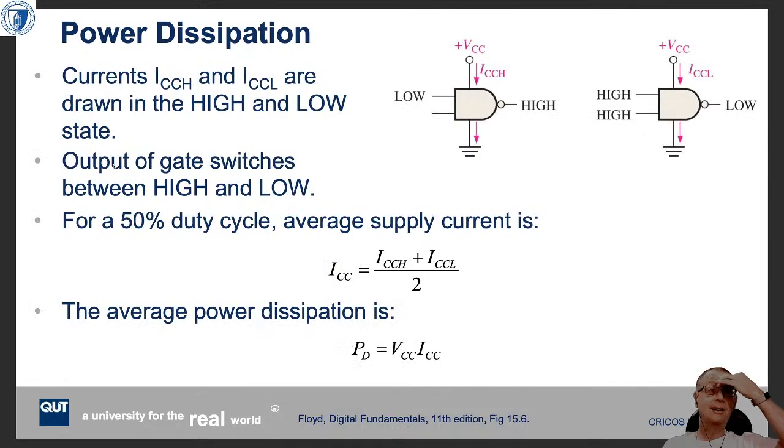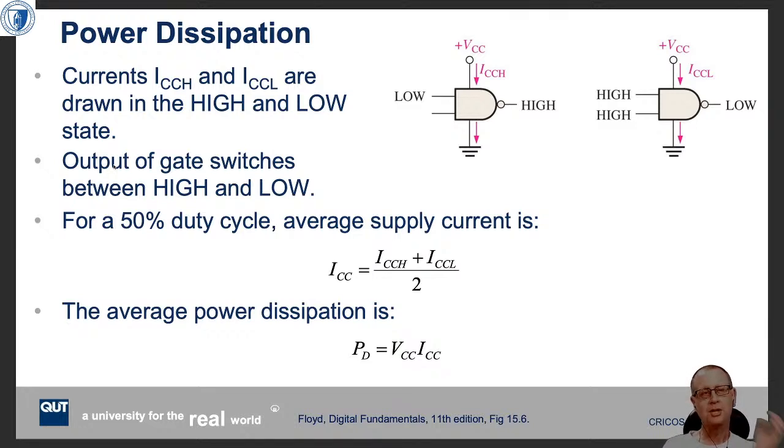Okay, so here's another thing about power. Because these devices are switching with transistors or field effect transistors inside, the current each gate consumes is different depending on whether the output is high or low.